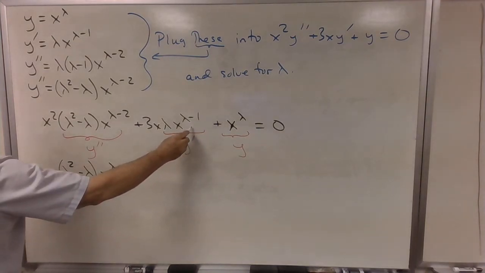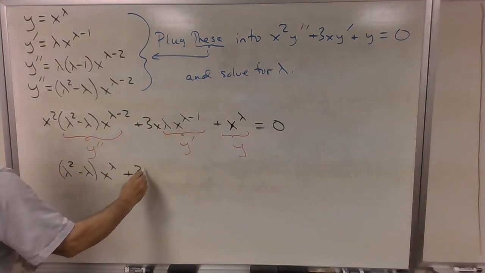X times x to the lambda minus 1 is x to the lambda.